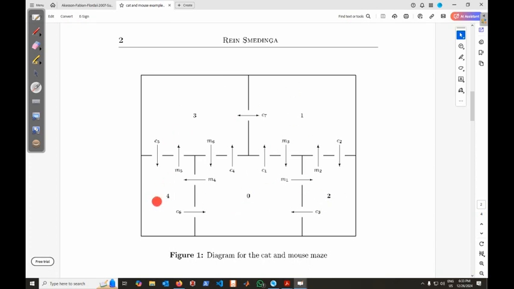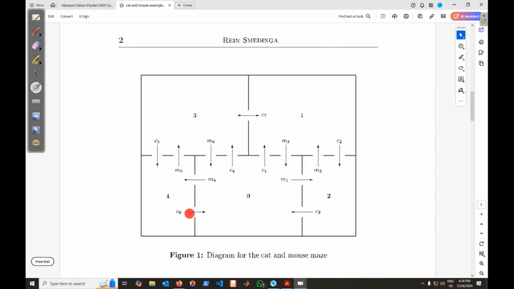And we have doors, or exits and entries, for each room. For instance, for this exit, it is possible for the mouse to traverse it to go from room 0 to room 4. That's why it's written M4. And it is possible for the cat to traverse this exit. It's called C6.